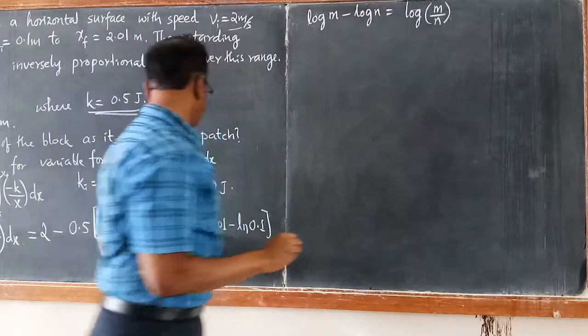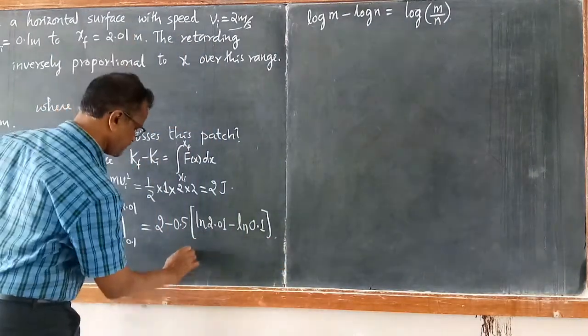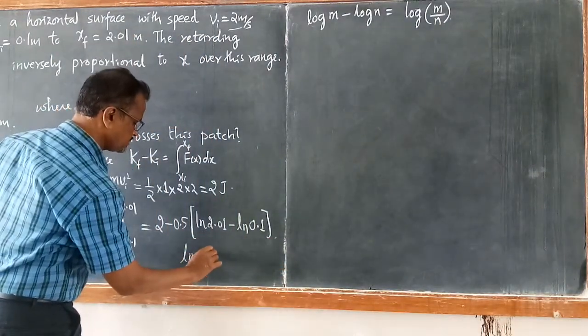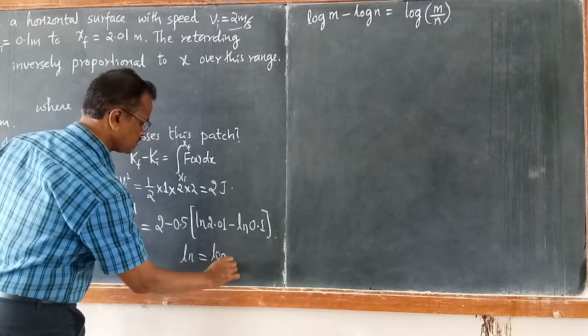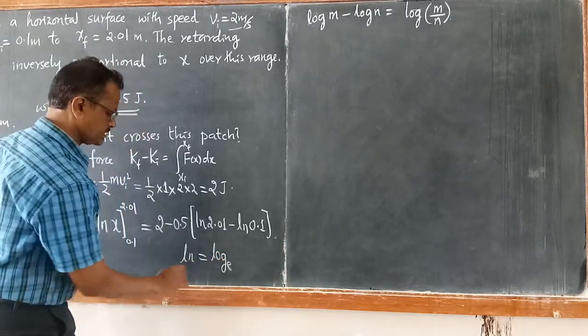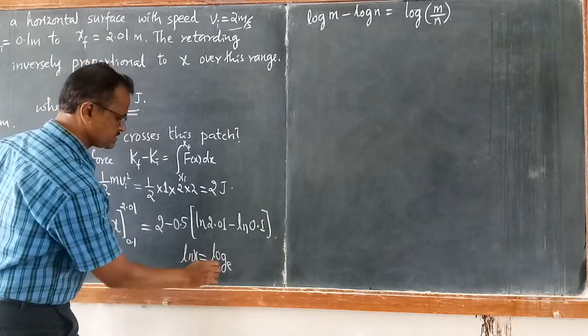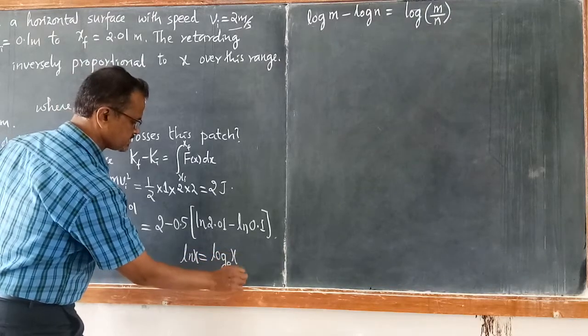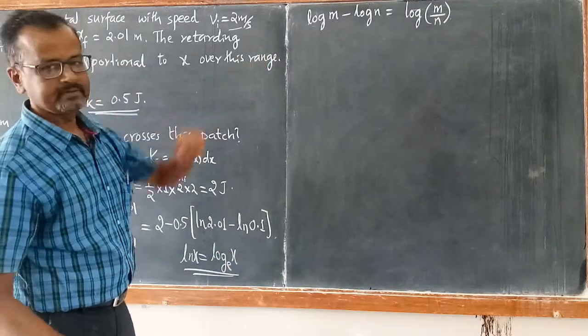Here it is log to the base e. Natural log means log to the base e. Natural log x, for example, means log to the base e of x.